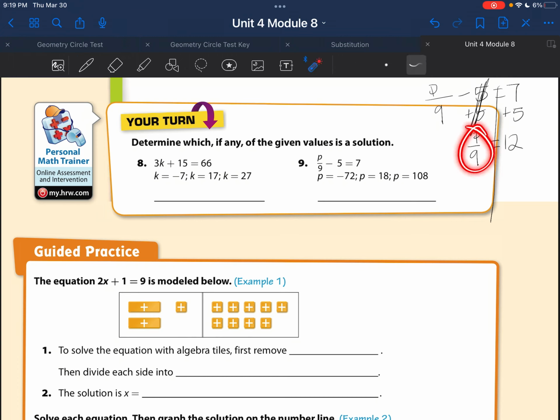Alright, now, when they are put like this, that means they're dividing. What's the opposite of dividing? You got it. Multiplying. And we're going to multiply by the number that's sitting there with him, which is what? 9. So those cancel out and leave me with just P. And I'm multiplying by 9 over here. 12 times 9 gives me 108.